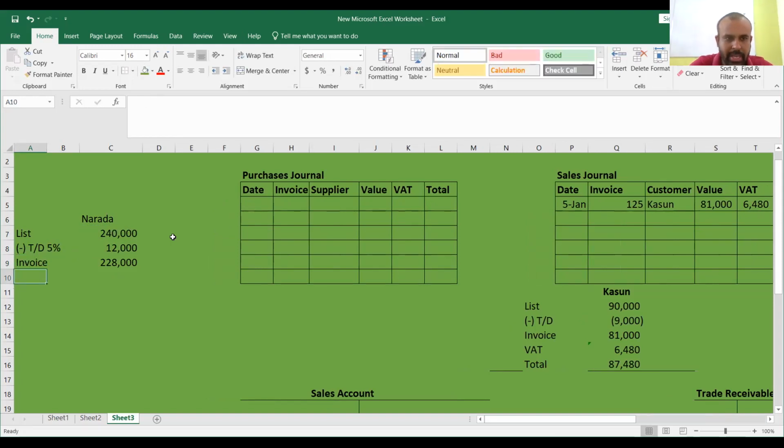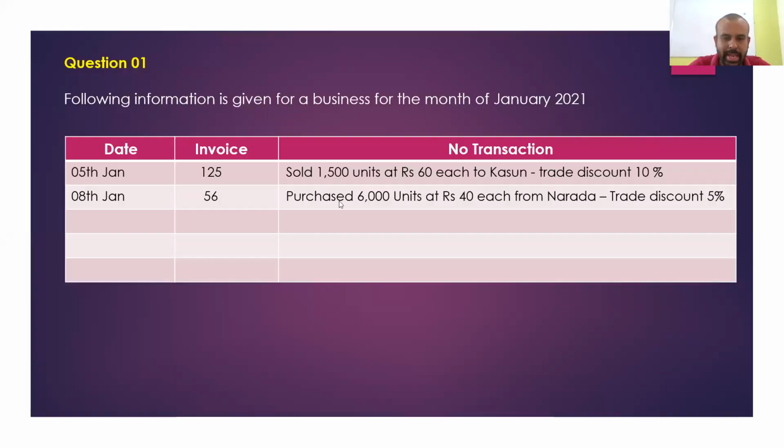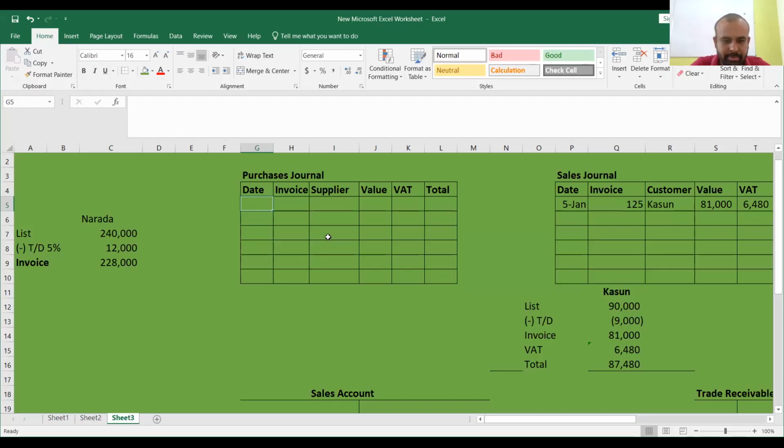Invoice price. Okay. This is your invoice price, that is 228,000. That is what we need to record. So we purchased this on 8 January from Narada. Invoice price is 228,000. Then you record 228,000. So our purchase value is 228,000.